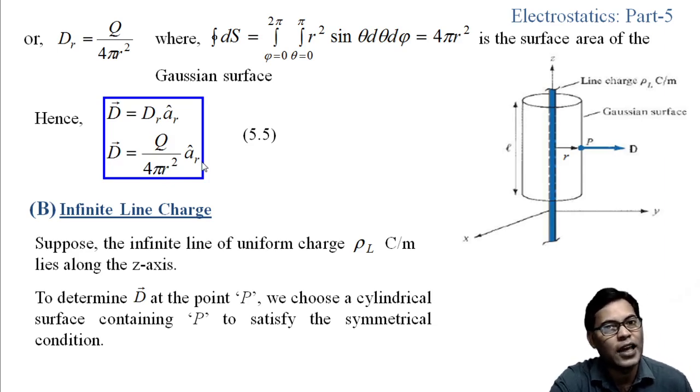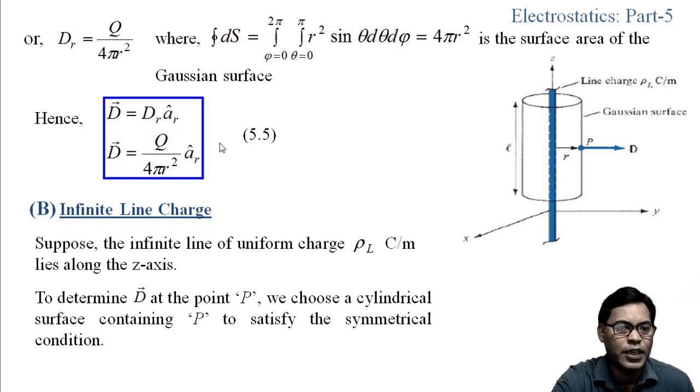As we have seen earlier using Coulomb's law, the electric field intensity E equals q by 4 pi epsilon naught r square ar, in the same way the equation 5.5 shows D equals q by 4 pi r square ar. But here we have calculated the electric field intensity at the point P easily using Gauss law. We only had to consider that the charge distribution is symmetric.